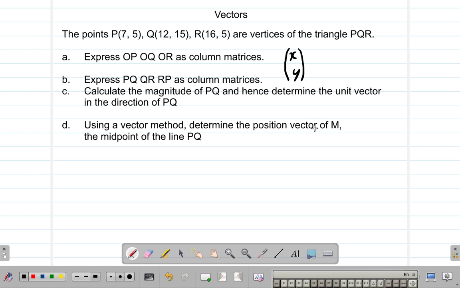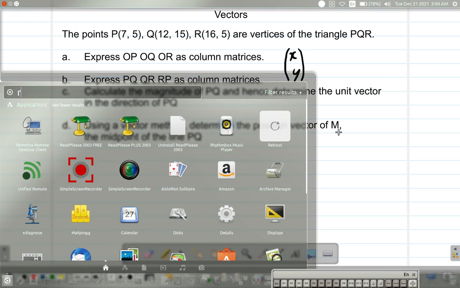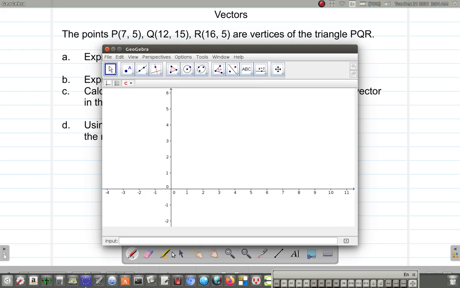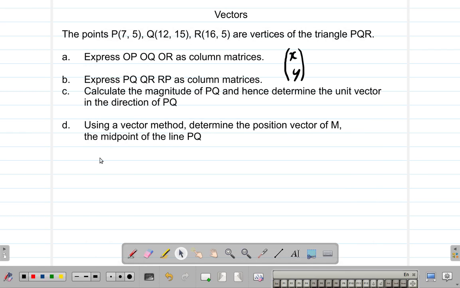Now, we first of all want to take a look at what the graph looks like. Let's open up our graph plotter. It's usually helpful just to get an idea what the graph looks like.